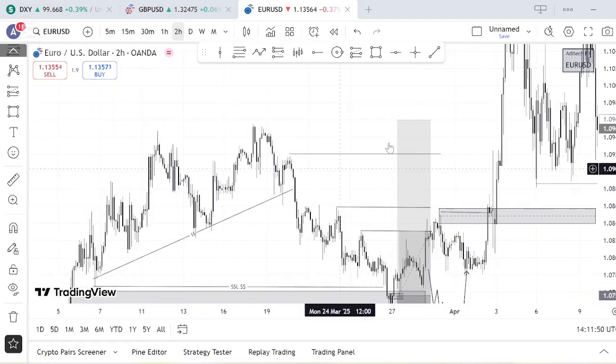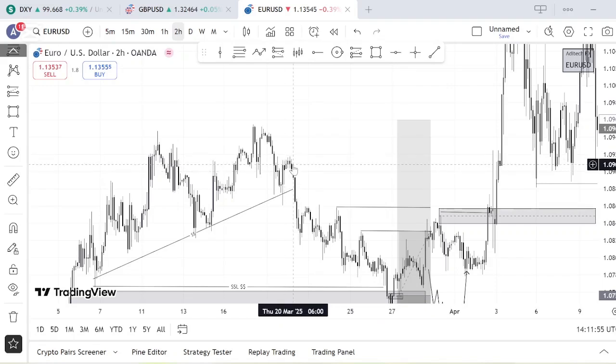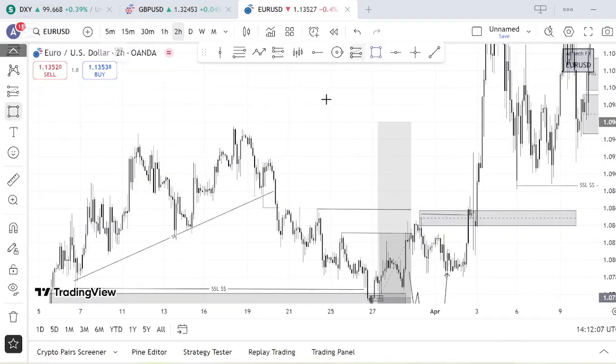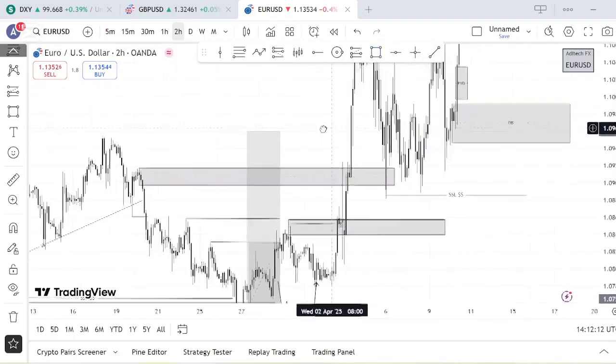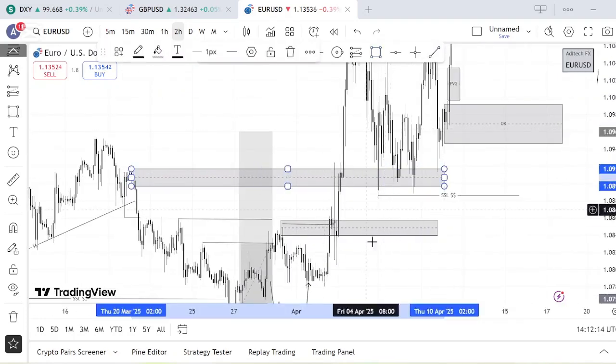Now you can, if you notice that this zone right here is a failed order block. You can see price broke structure right here, right? There was a break of structure right here, and this is an order block. So what were you expecting?